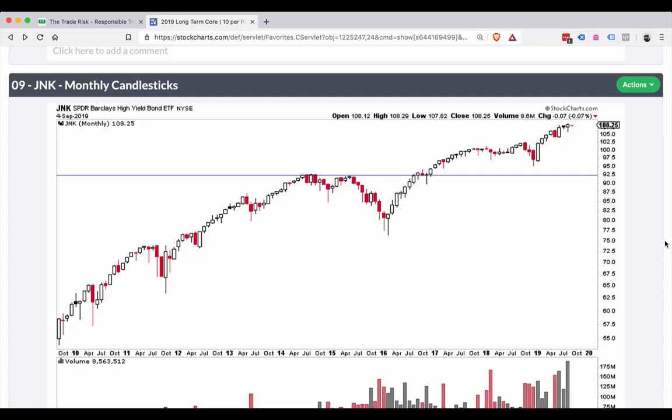This is basically telling us that even the high yield market, the credit market, is suggesting that liquidity is strong right now. We're trading at all-time highs, or just about. Again, this is a total return chart, so I do understand that this includes all of the high yield income that it throws off every month, but it is still moving up and trending to the right.